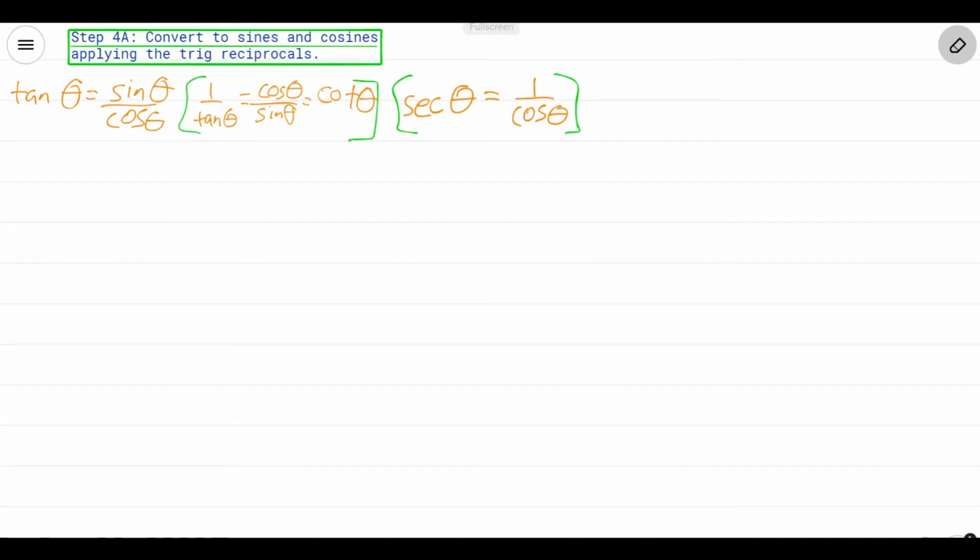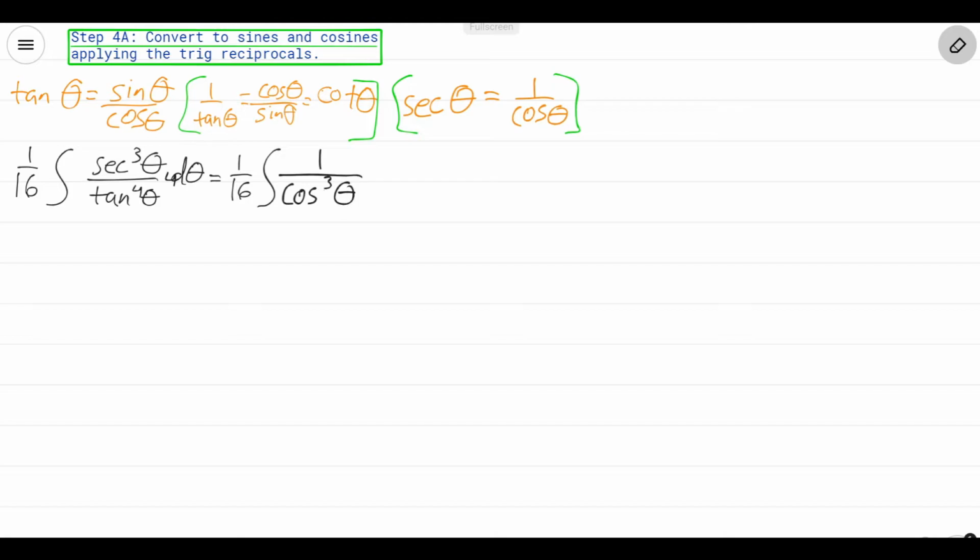So now I'm going to substitute in all the trig reciprocals. First, keep in mind that our original function was secant cubed over tan to the 4th power times d theta, and this is equal to 1 over 16 times secant cubed. Secant is 1 over cosine, so secant cubed would be 1 over cosine cubed. Tangent to the 4th power would be sine to the 4th power over cosine to the 4th power, so dividing by it gives cosine to the 4th over sine to the 4th times d theta.